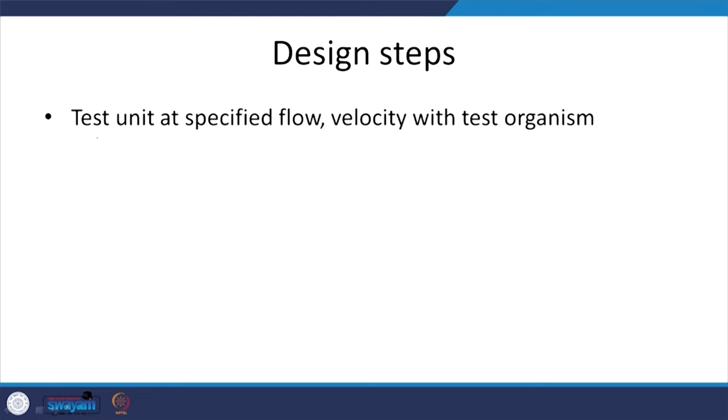Design steps. So you are going to test the unit at specified flow and velocity with a test organism. One aspect to note is that models are fine, but when you build the system, you are going to have considerable short circuiting. So water that has to spend a certain amount of time would not probably spend as much time in that particular system.